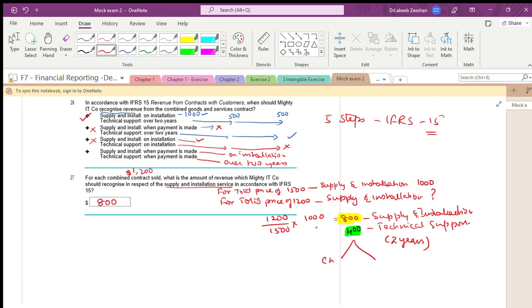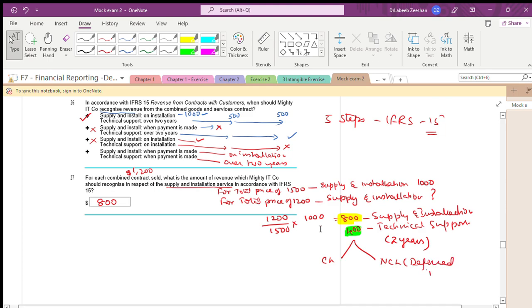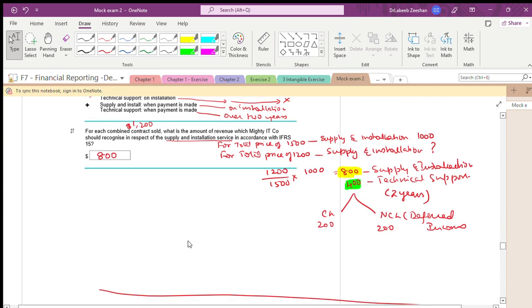Current liability and non-current liability. Deferred income will be how much? 200 for the current year, 200 for the next year. Next year's income is the deferred income.